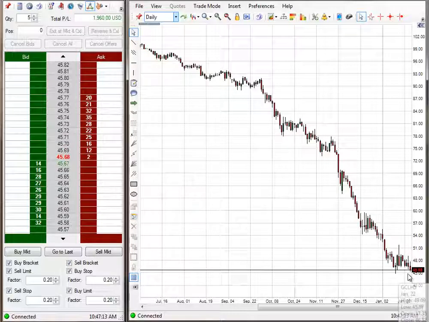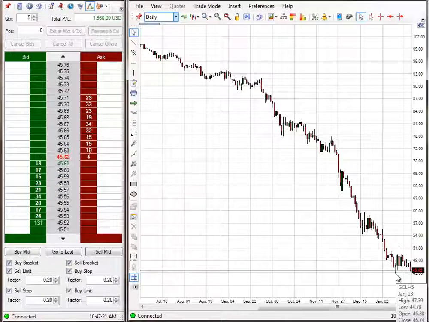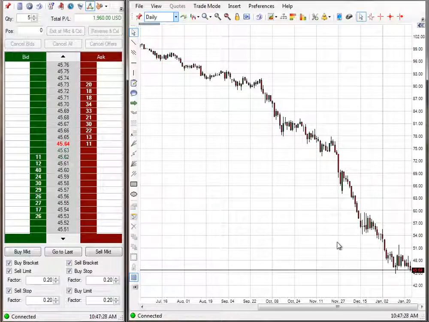But I did call for it to go down two days ago, for it to start its way down. I did call for that not to be the bottom of the daily right there. Anyway, I am going to get going for this week, and I've still got to do the charting service for today.